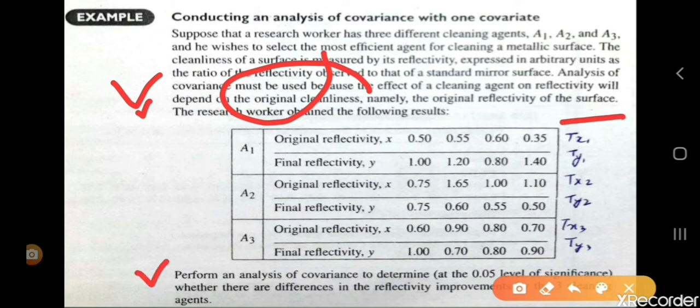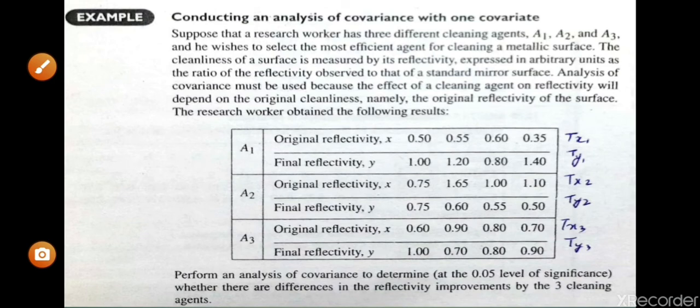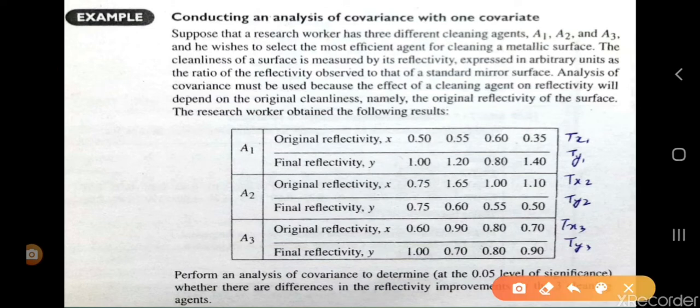So we have to perform the analysis of covariance at 0.05 significance level, and we need to compare whether the difference between adjusted means is equal or not. Some of the data we can directly observe from the table.